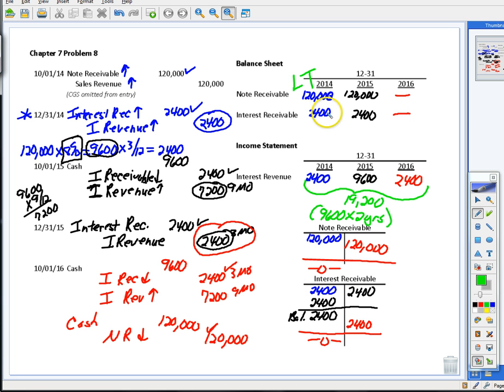However, the interest receivable, recall, got collected in 2015 down here. So cash did come in in 2015. So that's going to be a current asset. In 2015, though, the note receivable becomes short-term because it'll be collected in 2016, and so is the account receivable.